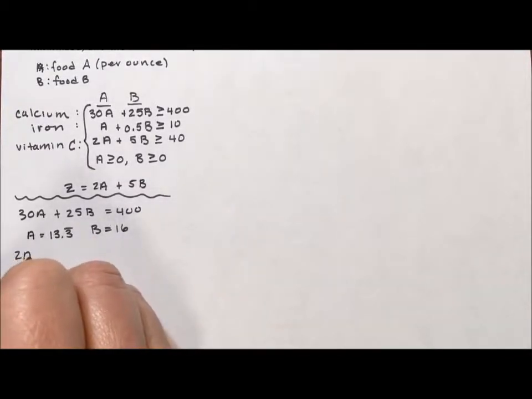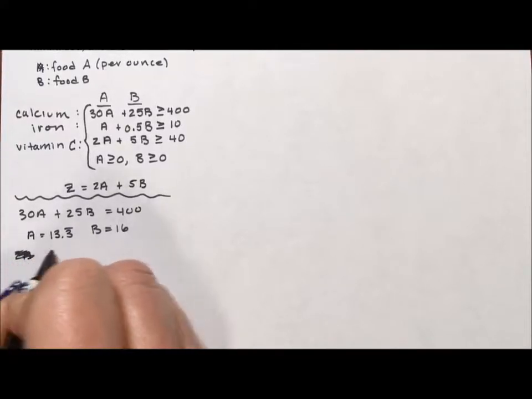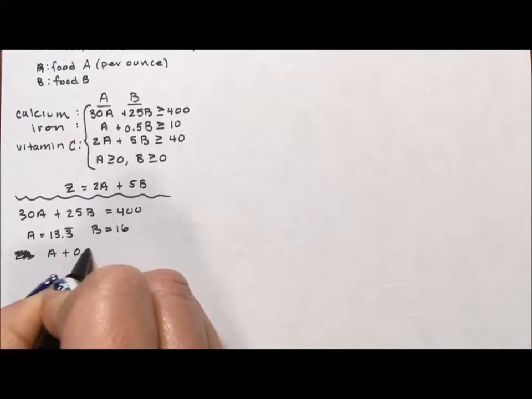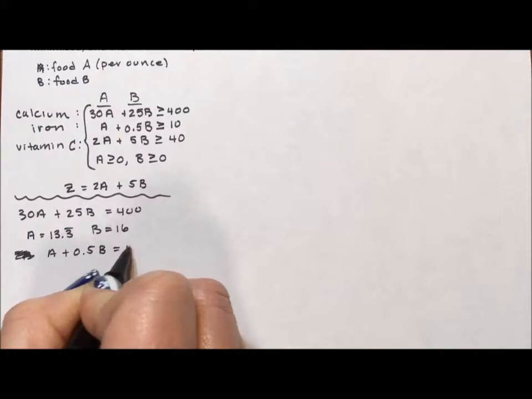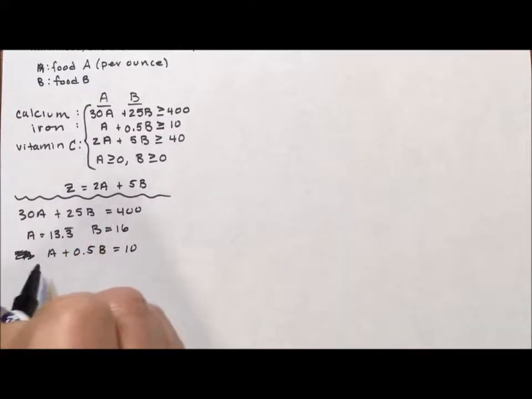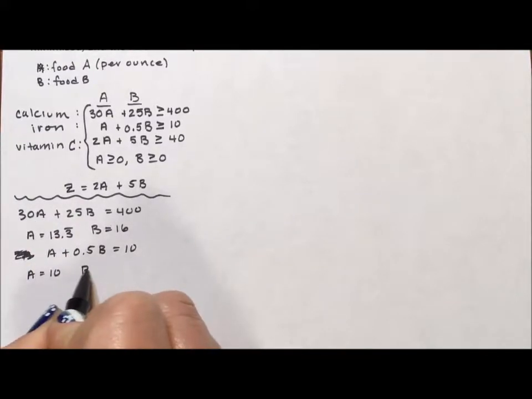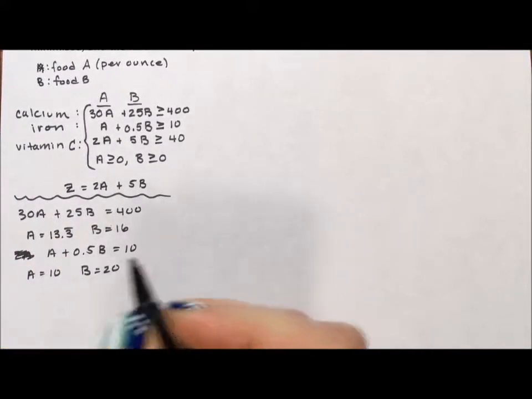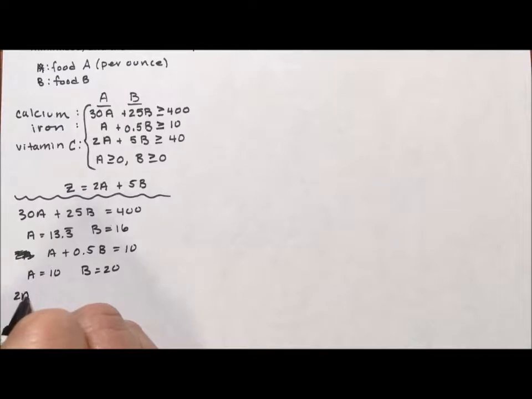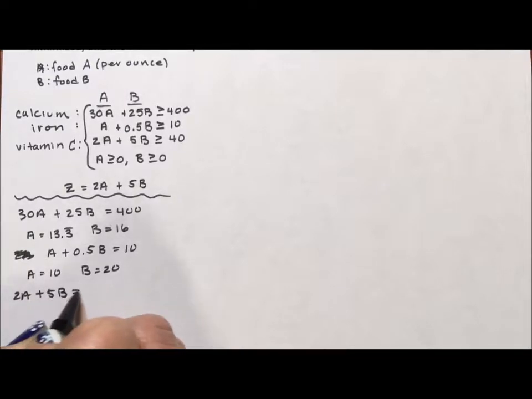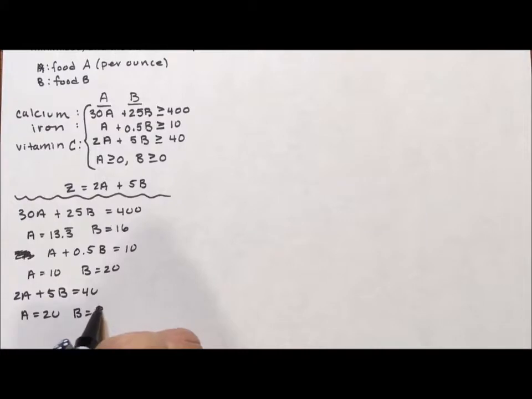Okay, sorry, we skipped one: A plus 0.5B equals 10. If I set B equal to 0, I have A equals 10. If I set A equal to 0, I have B equal to 20. Now I do 2A plus 5B equals 40. If I set B equal to 0, I have A equal to 20. If I set A equal to 0, B is equal to 8.